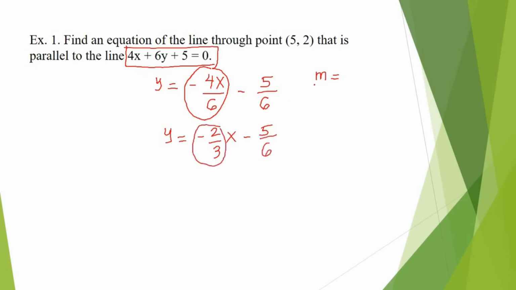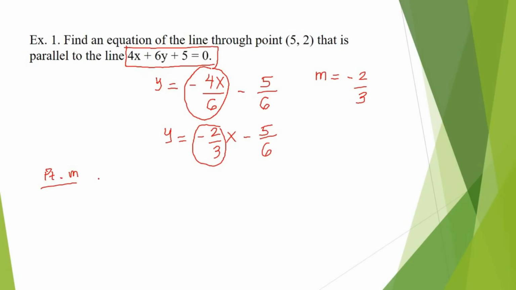So the slope of our line is negative 2/3. Since we already have our slope, we can now use the point slope form to determine the equation of our line.